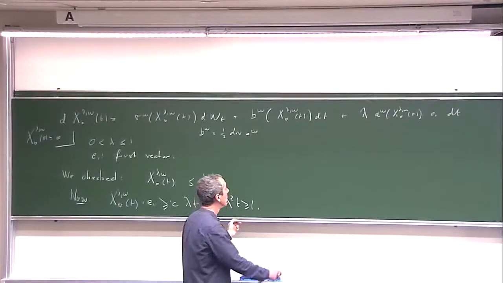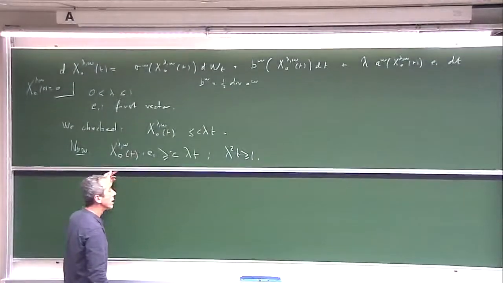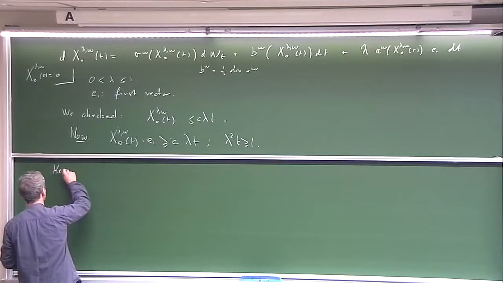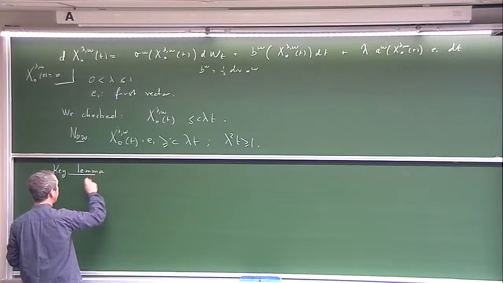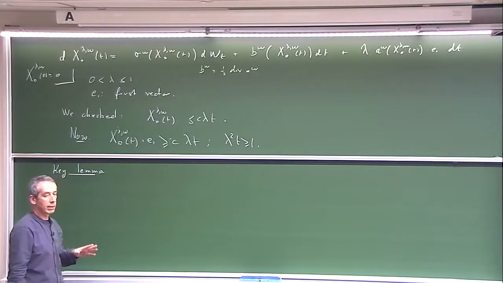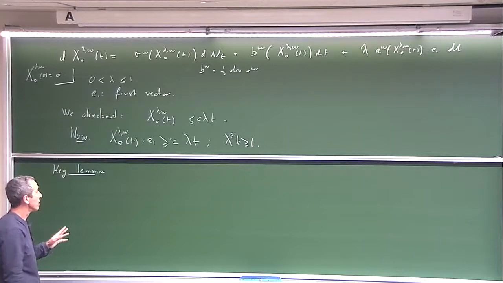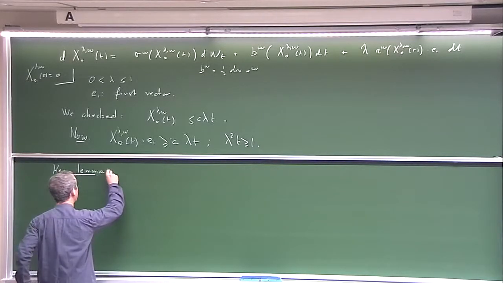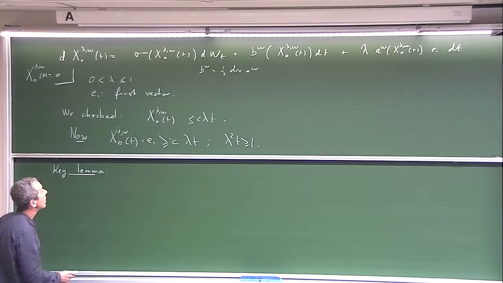So we will rely on one key lemma. That key lemma is a purely PDE statement. It has nothing to do with random environments. It's just for a fixed choice of A omega.